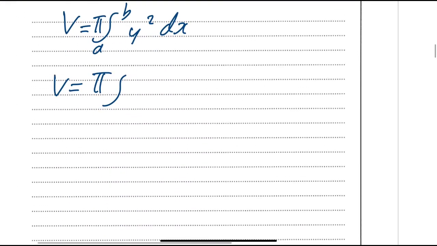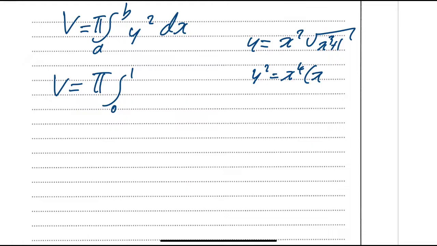If you square your y, let's just write down what your y was. It was x squared times the square root of x cubed plus 1. If you square that, y squared is going to be equal to x to the 4 times x cubed plus 1. And then that would multiply out to be x to the 7 plus x to the 4. So that's where you're integrating x to the 7 plus x to the 4 dx.